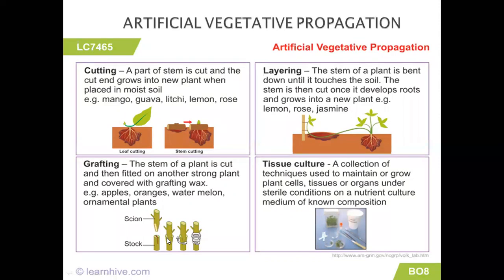The stem piece and the plant begin to grow together. This method is used to propagate many roses, peach, plum, and various seedless fruits, through artificial vegetative propagation by grafting.